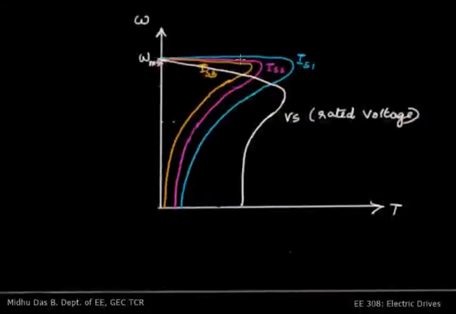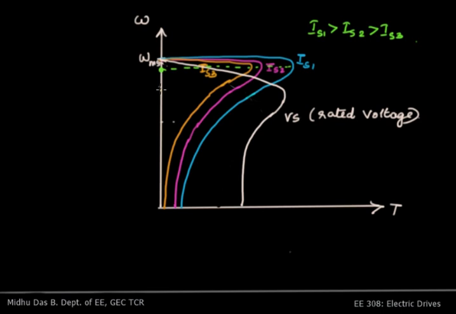When we plot the torque speed characteristics for an induction motor fed from current source, we get a curve like this. We get these three colored curves for different values of currents, that is, IS1 is greater than IS2 and this is greater than IS3 here. Please note that as we discussed, the slip at which the maximum torque occurs is a very small value.